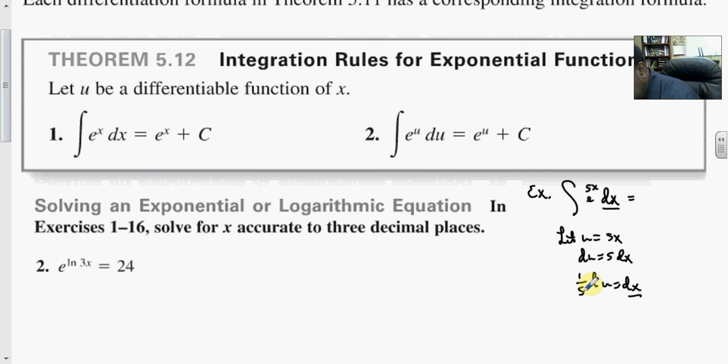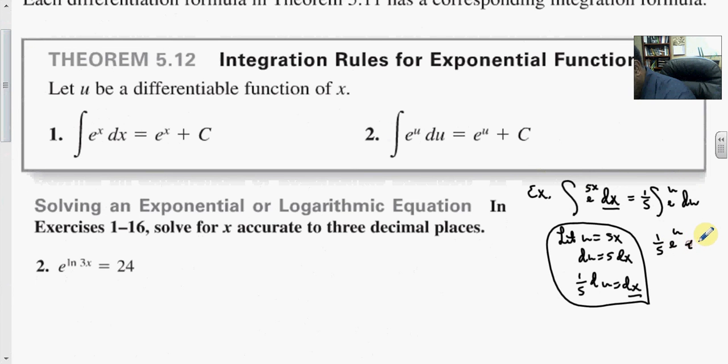So that 1/5, let's put it right in front, times the integral of e to the u du. Now this result is 1/5 times e to the u plus c. Put that in a bag. So the result we get is 1 over 5 times e to the u plus c, plus c.